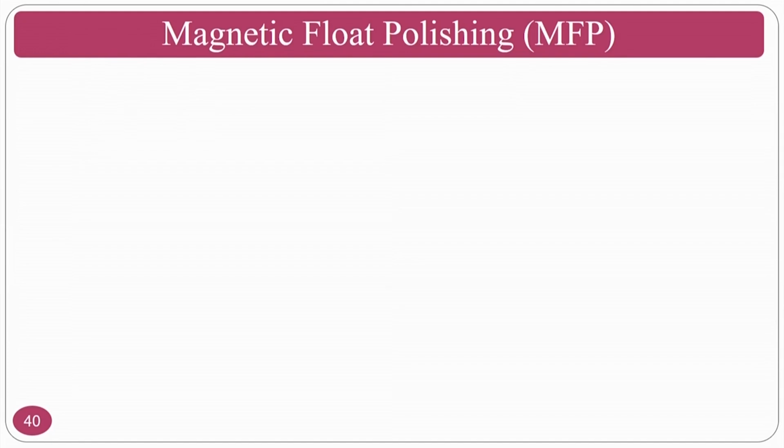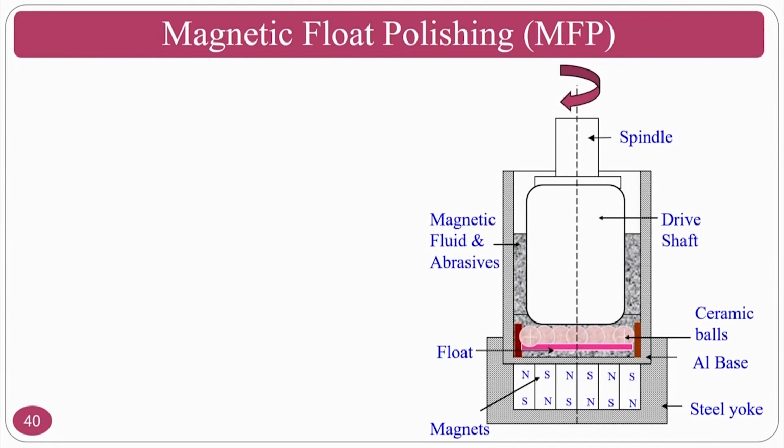In the magnetic float polishing process, the magnetic poles are arranged north-south, south-north like this. At the same time, you have the workpiece materials, which are ceramic balls, and you have the magnetic fluid. You have the spindle, and these are the ceramic balls, the spherical balls.